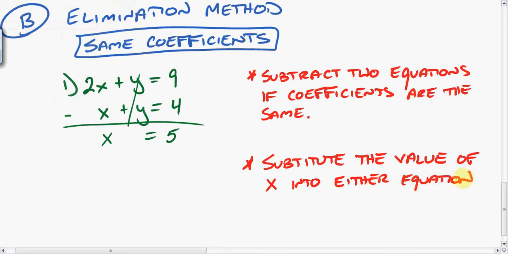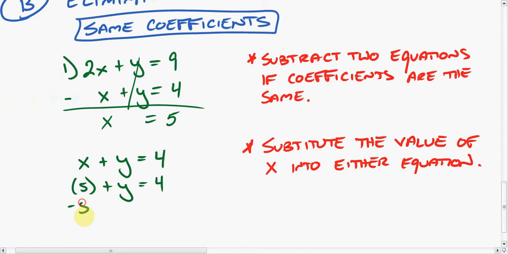Do you want to put it in equation 1 or equation 2? I'm going to go ahead and use equation 2. We've got x plus y equals 4. I'm going to substitute the value of x, which is 5, in for x, and solve for y.